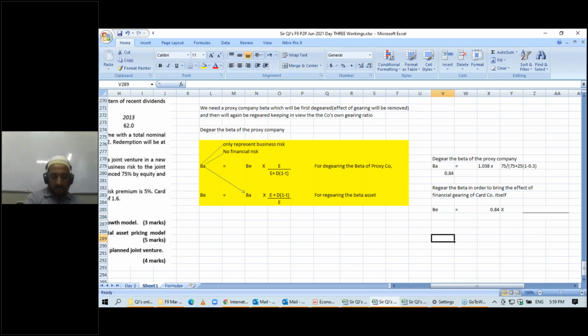Okay, so let's calculate the market value of equity, which is E, and the market value of debt. Market value of E is the market value of equity, and market value of D is the market value of debt of the card company.